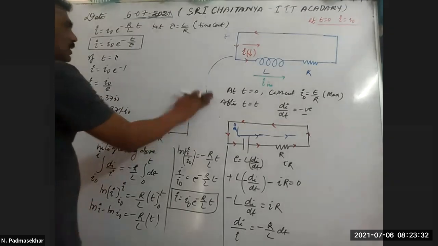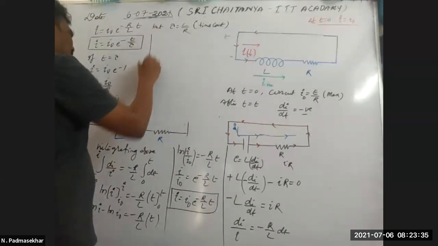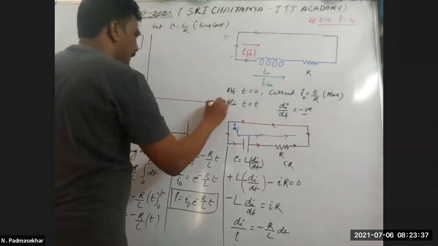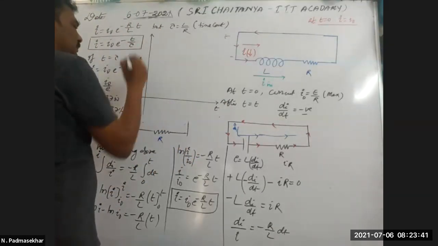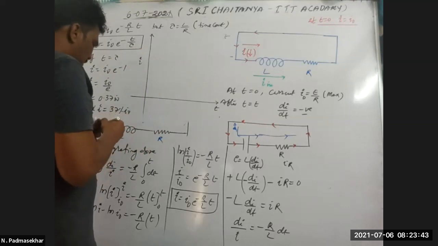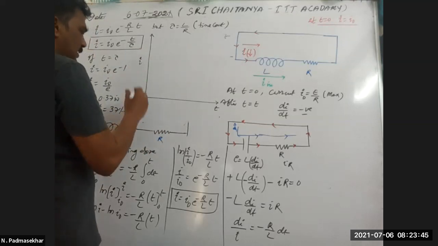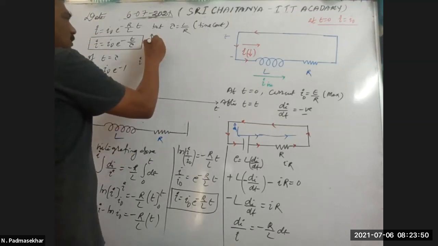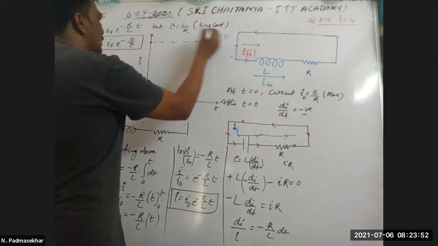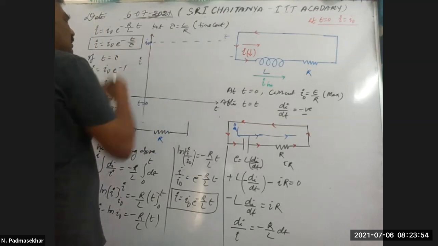And so there is a graph, like this. This is time, and this is current. Initially there is a maximum current at t is equal to 0, that is I naught.